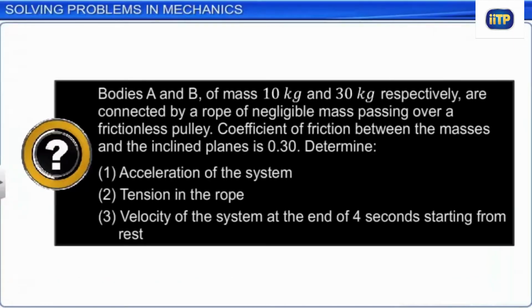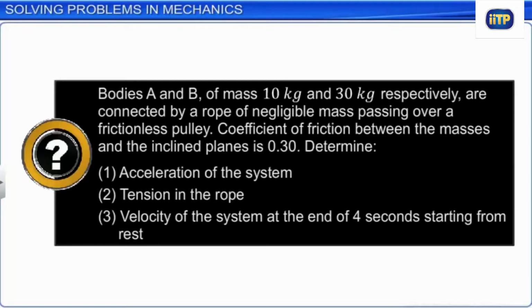To understand these steps, let us take a problem and solve it systematically. Bodies A and B of mass 10 kilograms and 30 kilograms respectively are connected by a rope of negligible mass passing over a frictionless pulley.